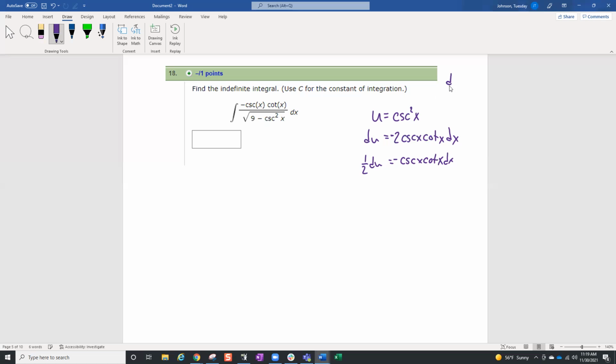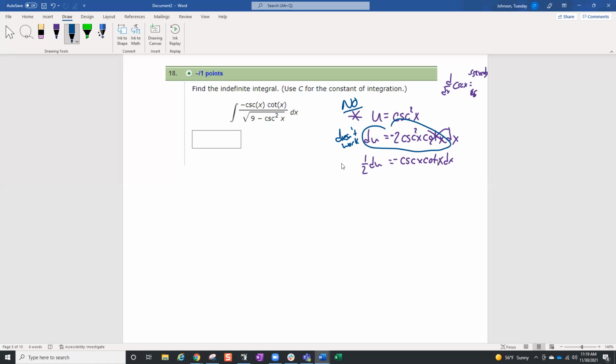The derivative of cosecant is cosecant cotangent. Oh my goodness. So this is not true. And once I find out that it's going to end up being cosecant squared, trust me on this, that means that I can't use this. So I try something else. So this is going to be a no, because the du doesn't work.